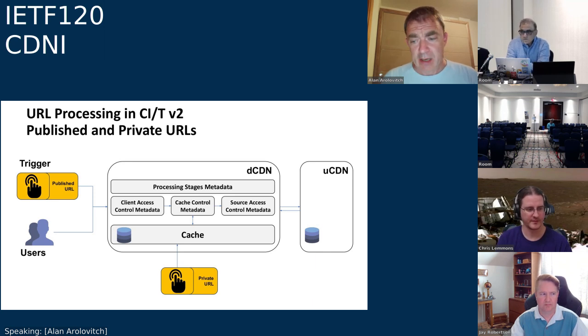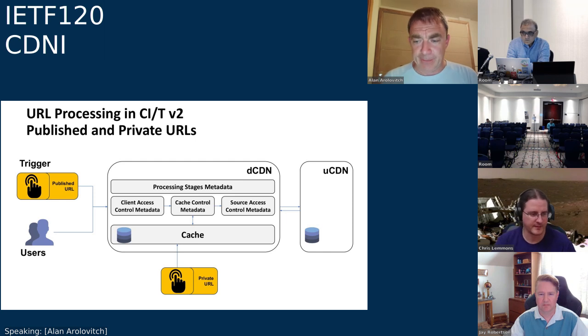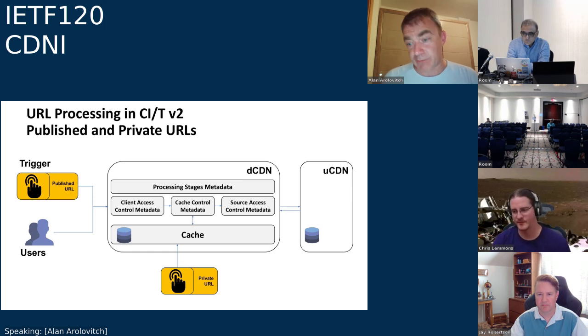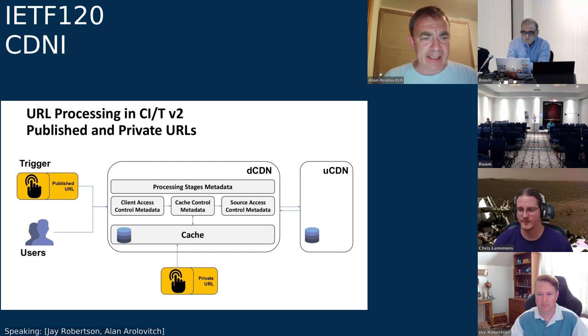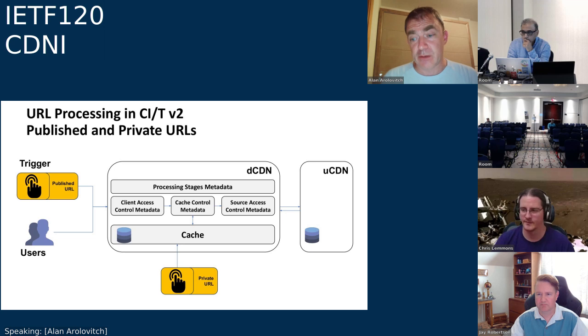What we're saying now is that if you, as UCDN, are asking DCDN to preposition the URL, what is the required processing there, right? And we're really handling published URL requests for prepositioning, for example, as a user-directed request. So as if a user requested that.